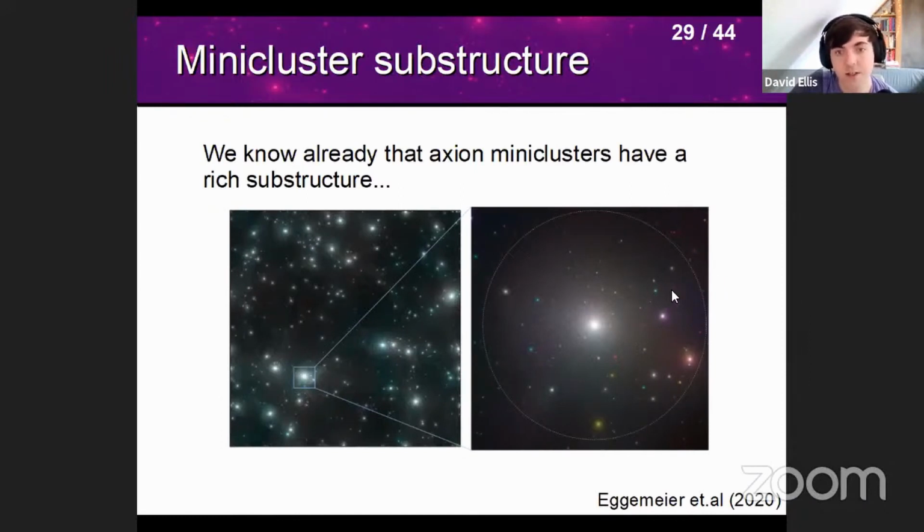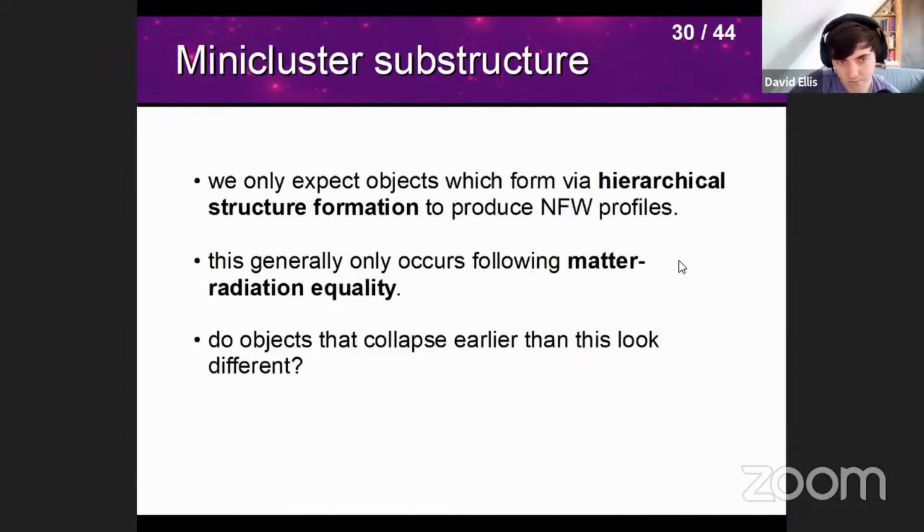And so the question is, do these objects look different? Because so far we've assumed that everything forms via hierarchical structure formation to produce NFW profiles, which generally only occurs after matter-radiation equality. But these high-density peaks have the potential to collapse earlier than that, and may not form through the mergers of multiple objects, and therefore they may look distinctly different.